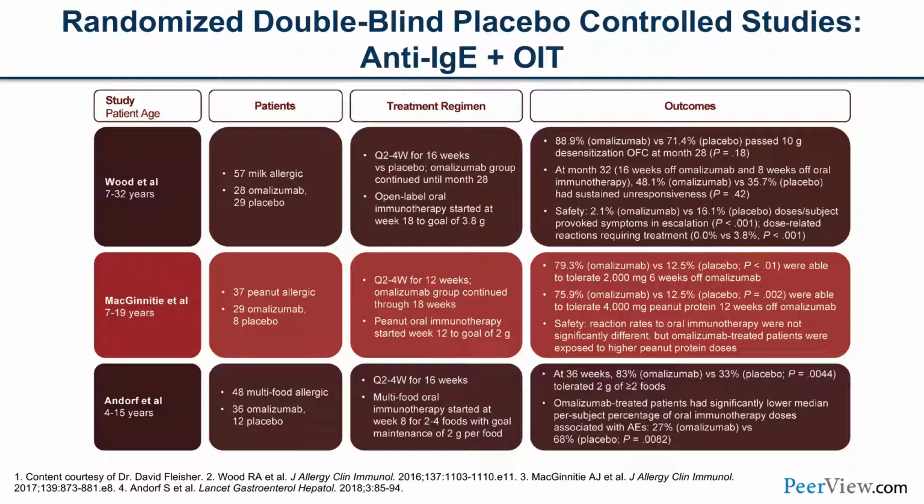There was a study that we did here looking at milk, another one in Boston looking at peanut, and then in Dr. Chintrada's group in Stanford looking at multi-food allergic children, and finding in each of these studies that the risk from oral immunotherapy was significantly reduced, that you could accelerate the dose increase of oral immunotherapy when they were protected by Omalizumab, and that because in all likelihood they were able to get to a higher dose more quickly, the efficacy was increased.